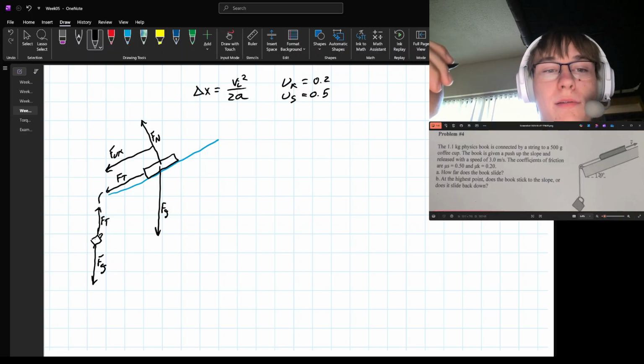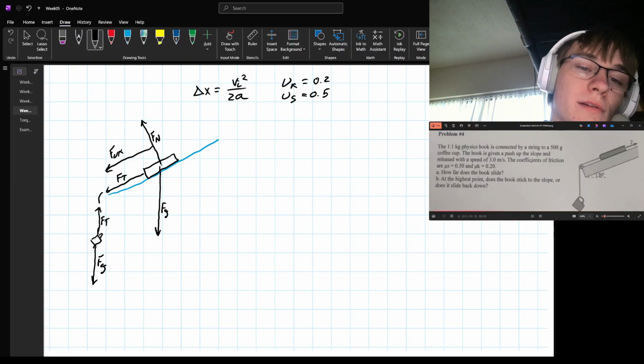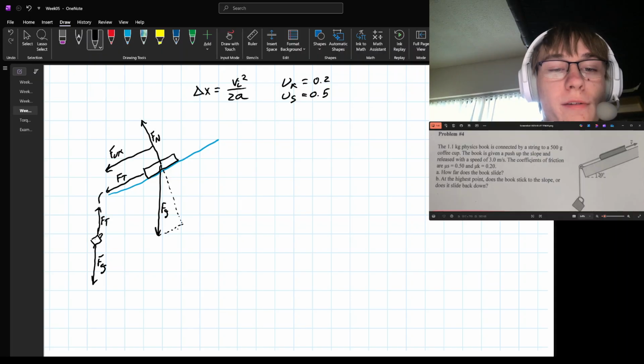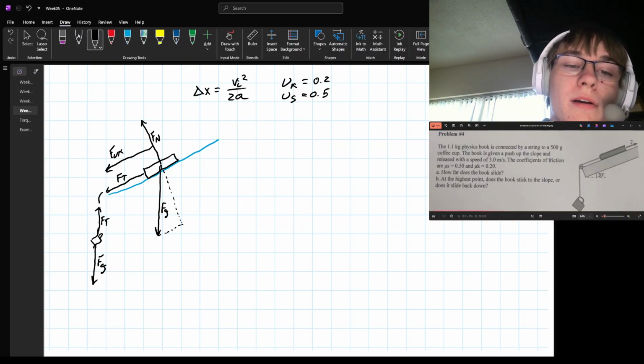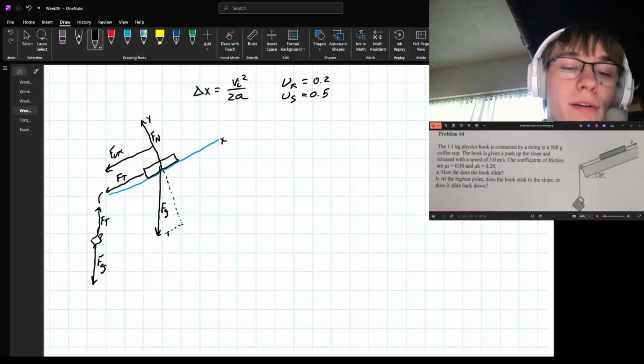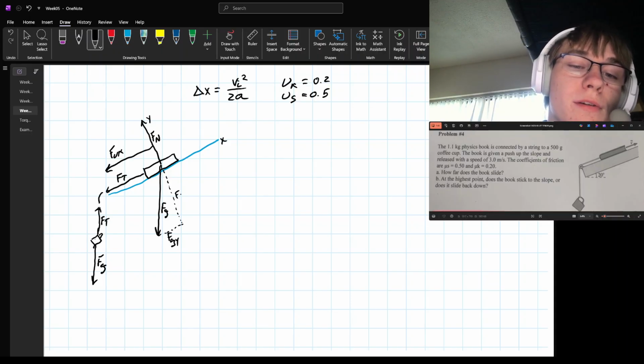Now from that, I like to draw this little triangle. That shows us where we got our force normal and our force gravity y. We're going to imagine this as a tilted axis, basically. This is x, this is y. We can call this force gravity y, and this one force gravity x.